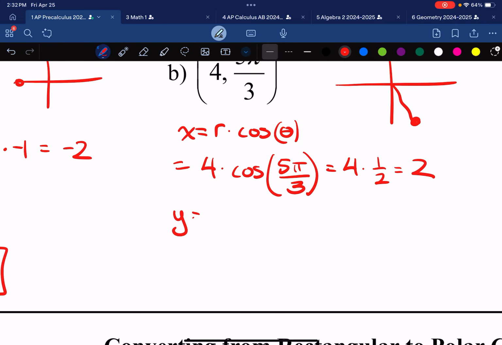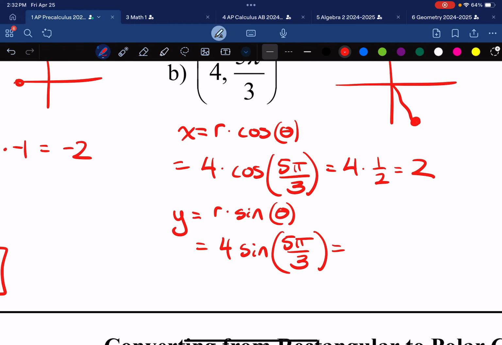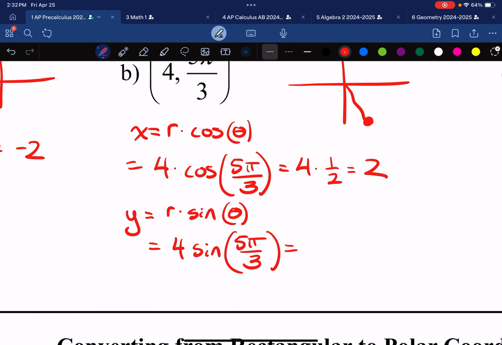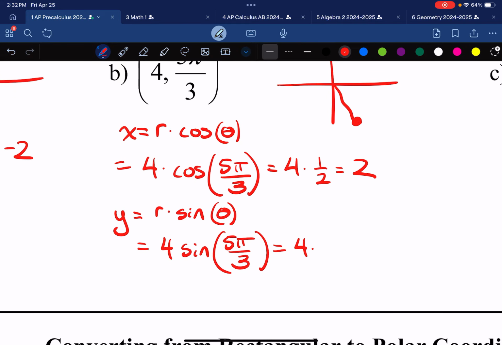Let's find the y-coordinate. The y-coordinate is r times sine of theta. Here we go. r is 4, and then theta is 5 pi over 3. So sine of 5 pi over 3, sine is the y-coordinate of how much down did I go? Well, I went down a large amount to get all the way down here. Down a large amount is negative square root of 3 over 2. So there's going to be 4 times that negative square root of 3 over 2.